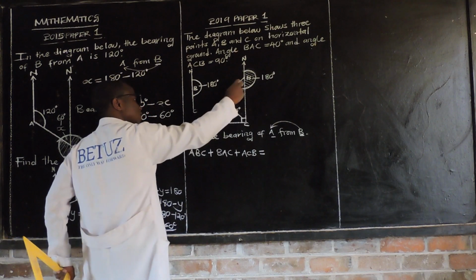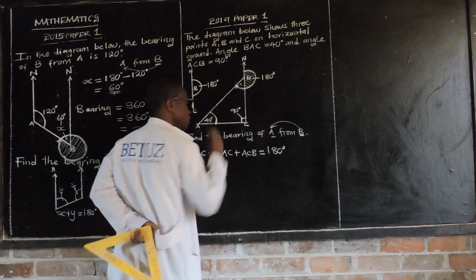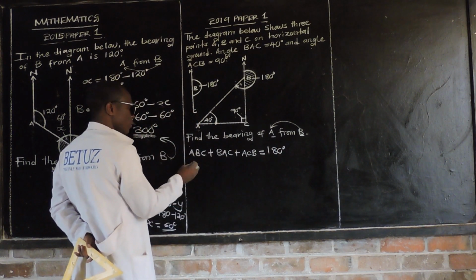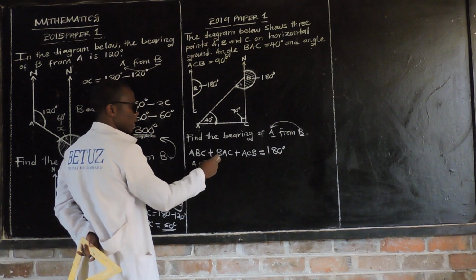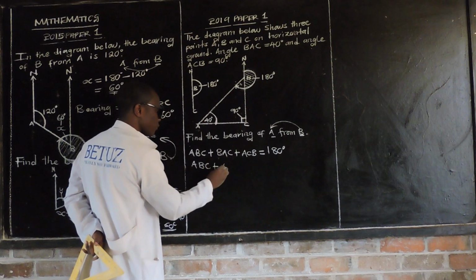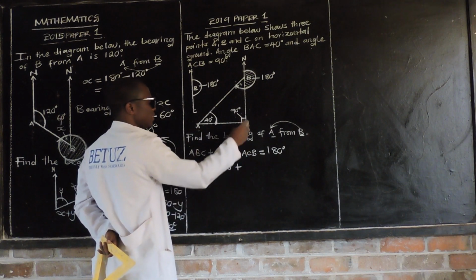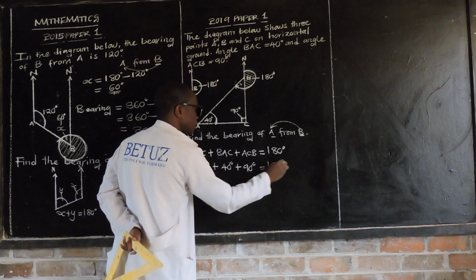So this angle plus this angle plus this angle is equal to 180 degrees. Okay. So in this case, we want this angle. We don't have it, so it's angle ABC plus angle BAC, which is 40 degrees, plus angle ACB, which is 90 degrees, is equal to 180 degrees.